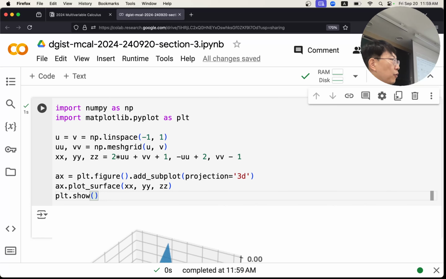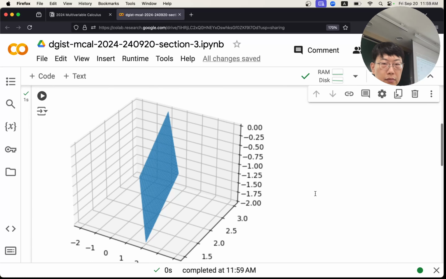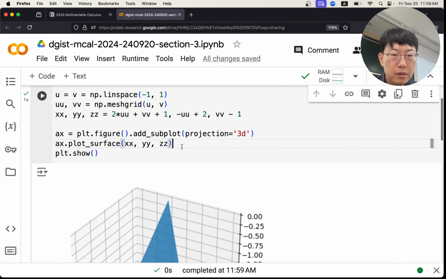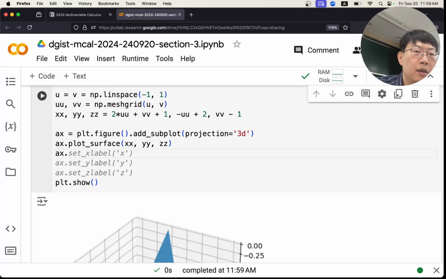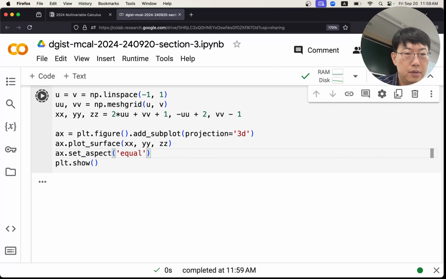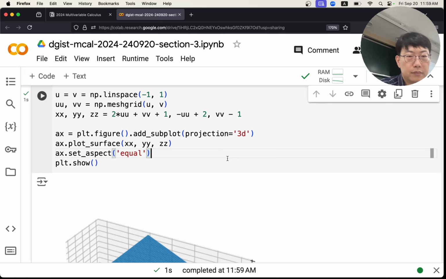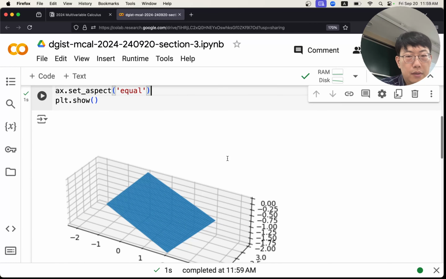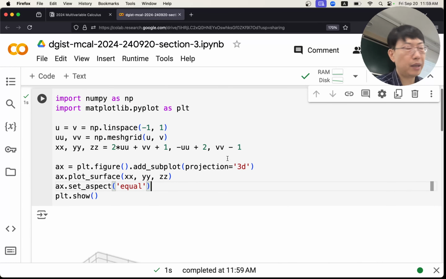In the slide I forgot to shift the plane by the amount of the point P. So maybe I can set aspect equal. Right. Now I get a similar shape.